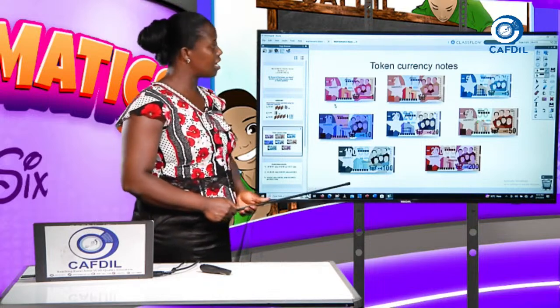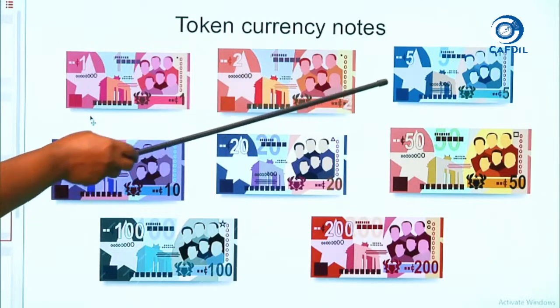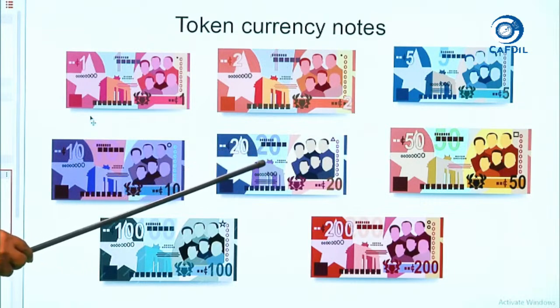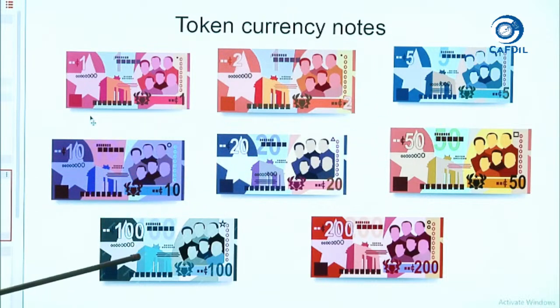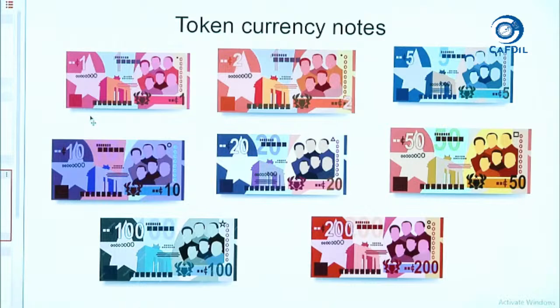So you just look at the notes from your screen. 1 cedi, 2 cedis, 5 cedis. We have 10 cedis, 20 cedis, 50 cedis, 100 cedis, and then 200 cedis. All right.